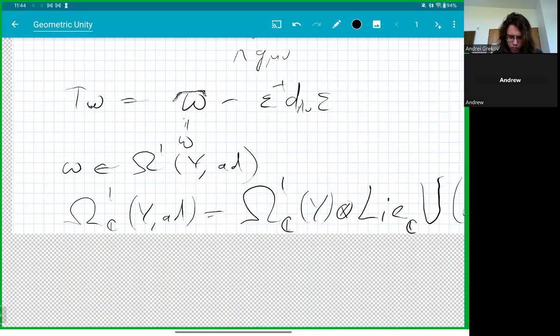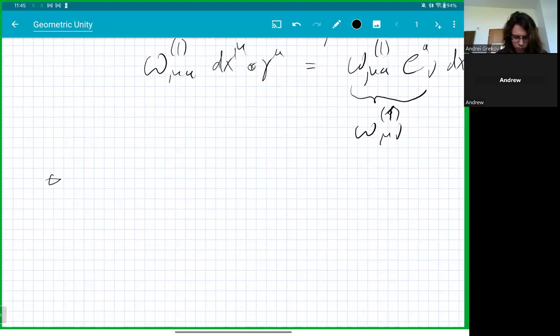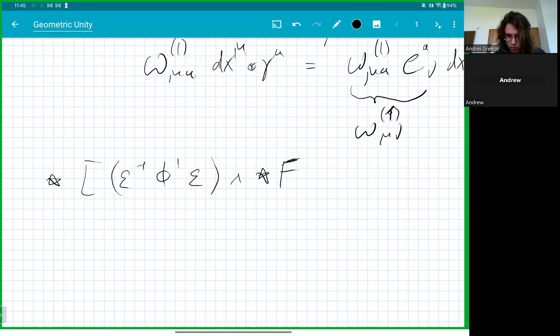So I will only do this term, epsilon inverse phi 1 epsilon star f, which supposedly should give us what I'll just call Ricci-like. We'll see what he means by it.